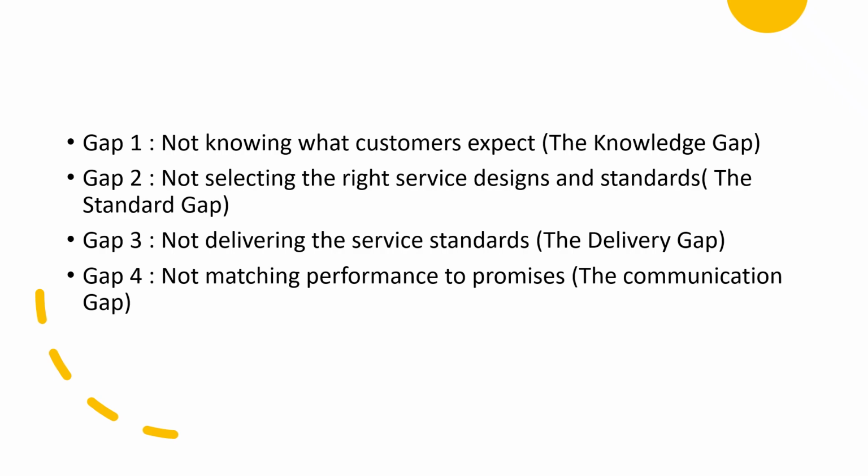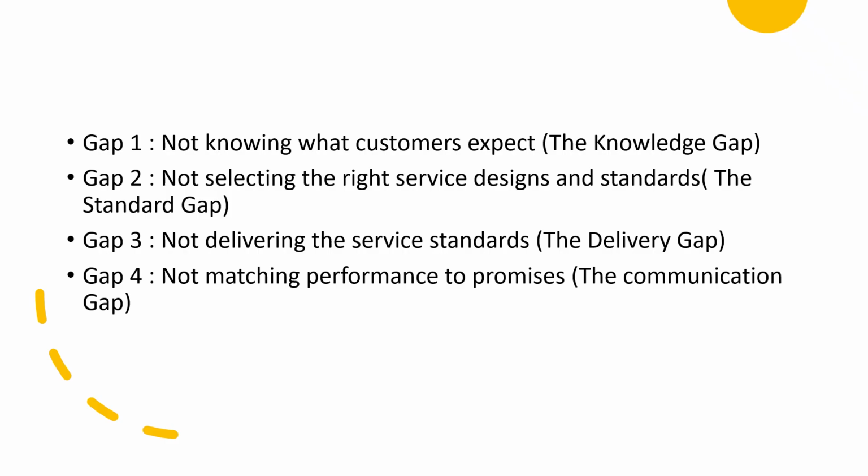Each gap represents a difference between what customers expect, what companies think customers expect, how service is designed, and how service is delivered. And so the term gap highlights the discrepancies that reduce satisfaction.